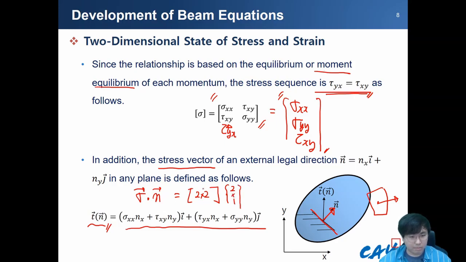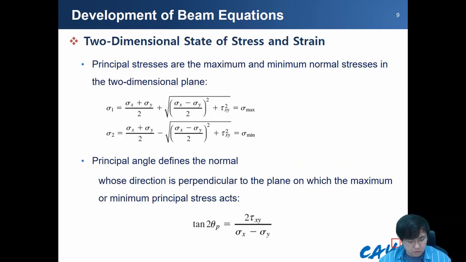So the n vector is represented like this, and then finally we obtain the traction forces. Here the multiplication of the stress components and the specific direction normal vector gives the specific direction forces, or the stress vector.